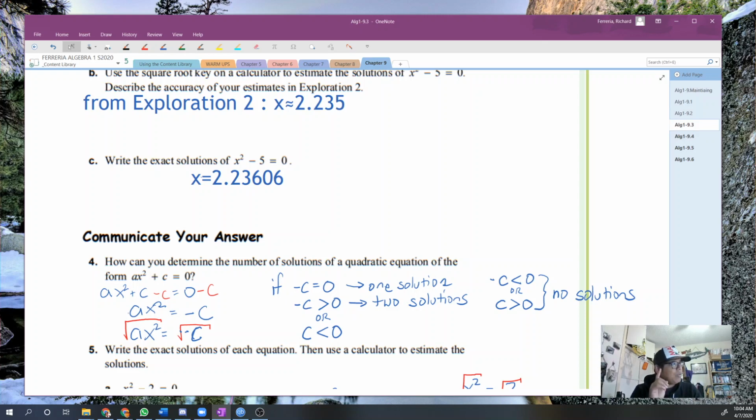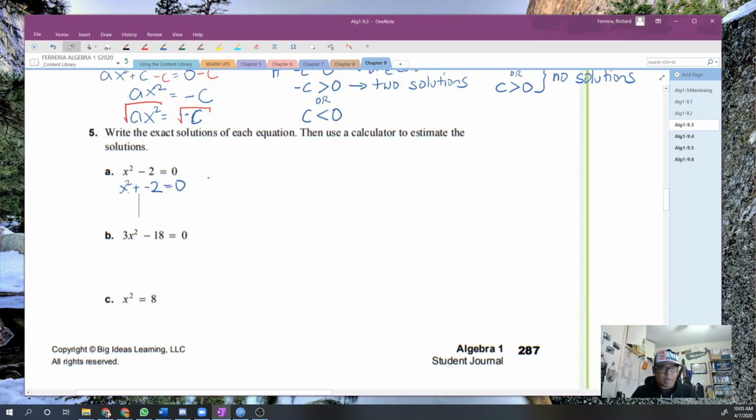Okay. So number 5 is going to ask us to find the exact solution and then to use a calculator to estimate. So let's see what we got. The first thing I'm going to notice is that this is the same thing as x squared plus negative 2 equals 0. And since c is less than 0, we're going to get two solutions.